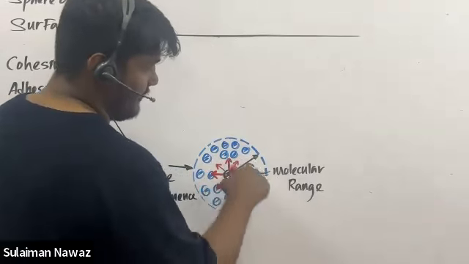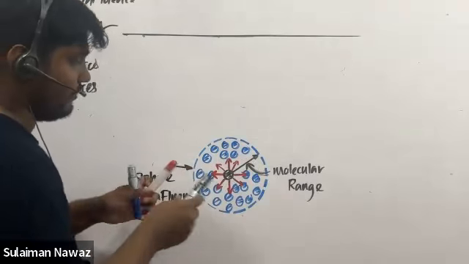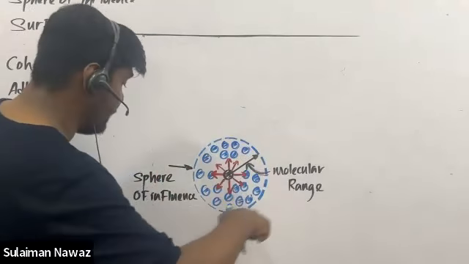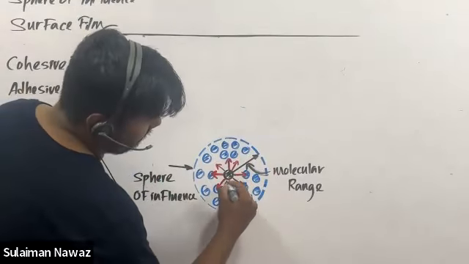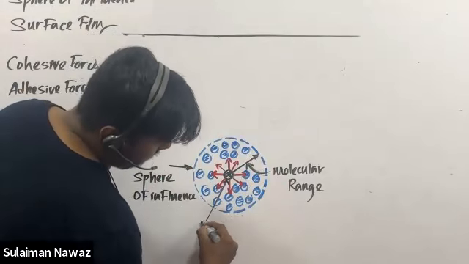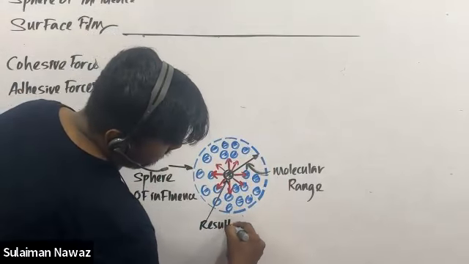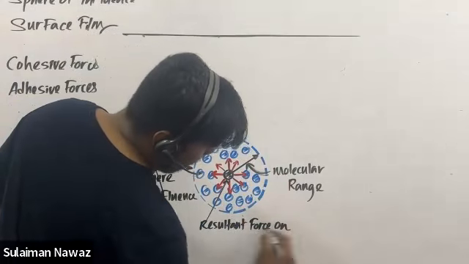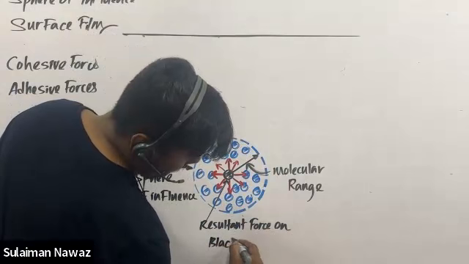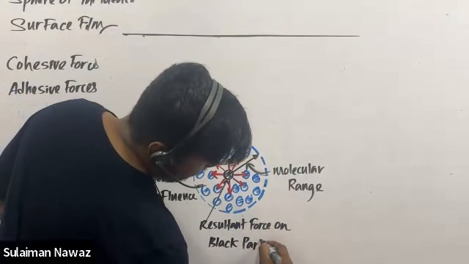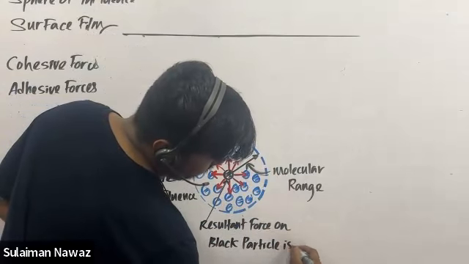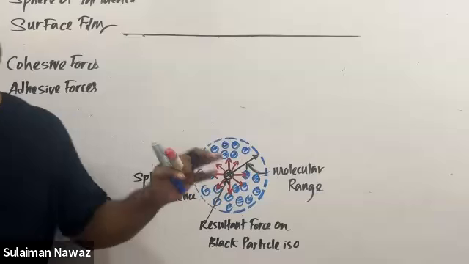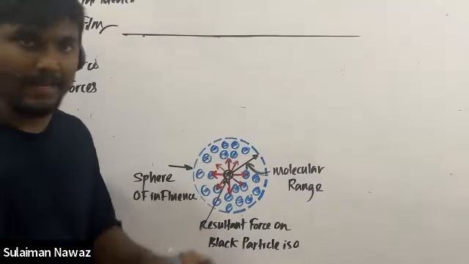If you take this type of sphere of influence, the resultant force on the black particle is zero.